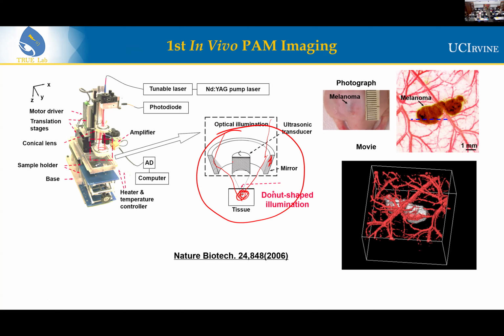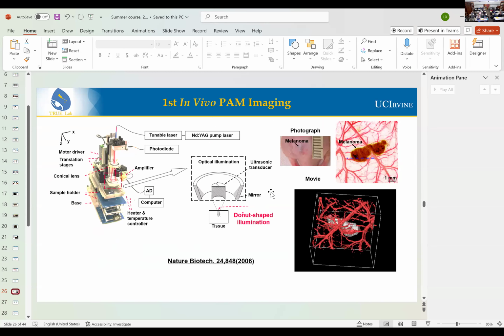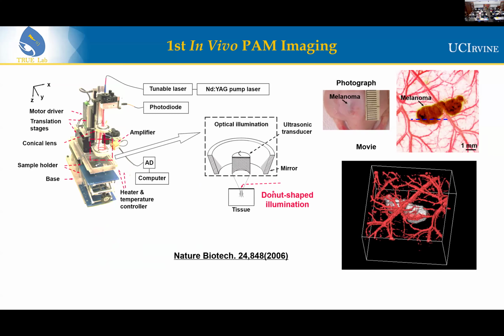In the middle, they put a curved ultrasound transducer, just a single transducer that receives the ultrasound wave generated from the tissue. That's basically the device, and then they do mechanical scanning. The reason this paper is important is they demonstrate that for melanoma, you can image the whole melanoma, and also the surrounding vasculature with different wavelengths.